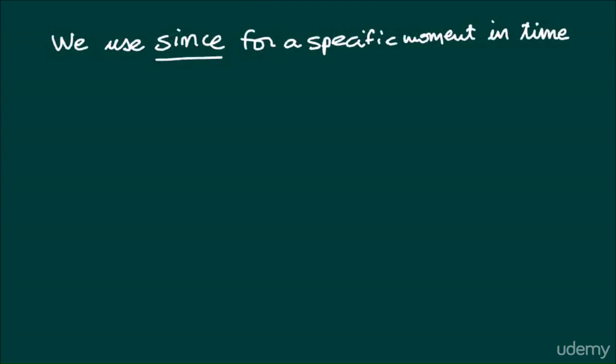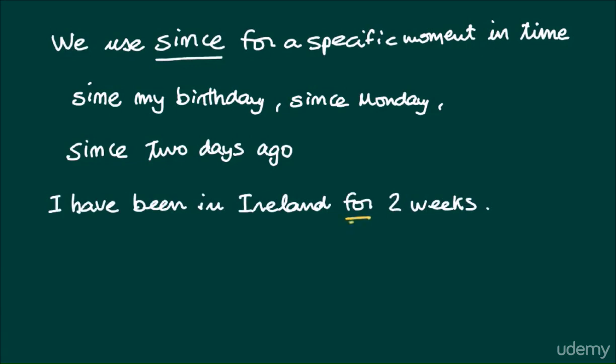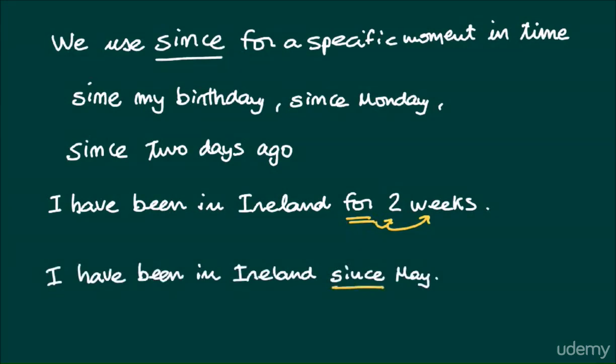We use since for a specific moment in time, for example, since my birthday, since Monday, since 2 days ago. For example, I've been in Ireland for 2 weeks. Or, I've been in Ireland since May.